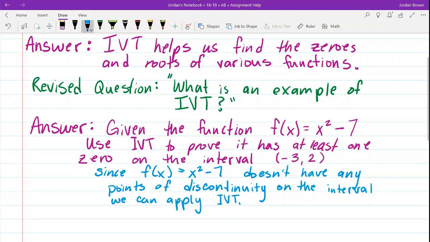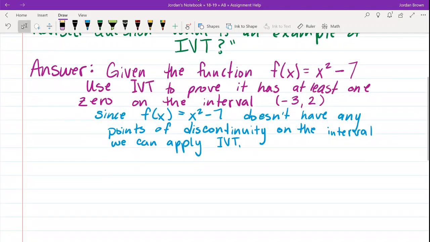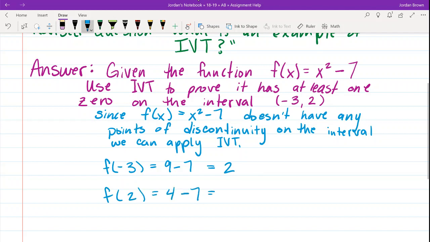Okay, so now that we've got continuity proved, we are going to progress to saying that f of -3 is equal to 9 minus 7, which is equal to 2, while f of 2 is equal to 4 minus 7, which is equal to -3.